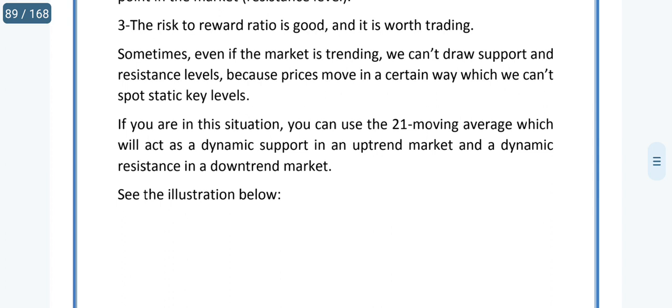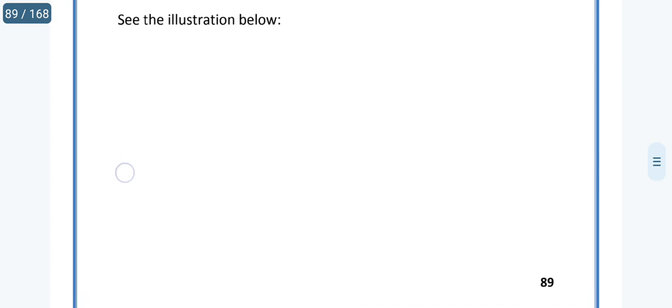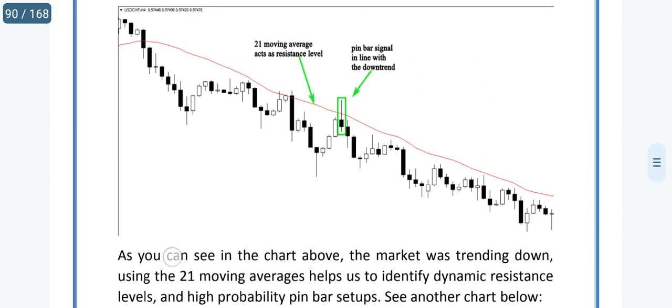In some cases, even if the market is trending, at some point we can't locate the support and resistance level, and this can be observed in the illustration below.